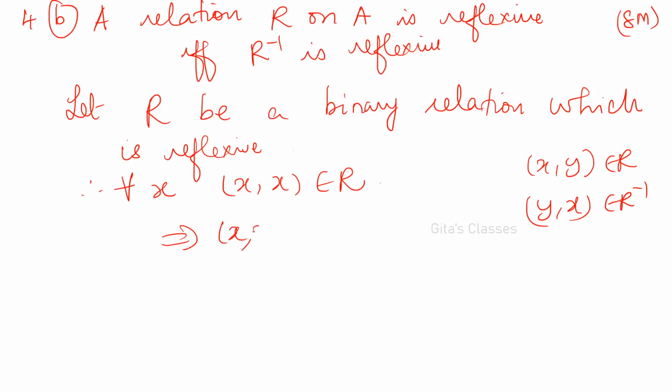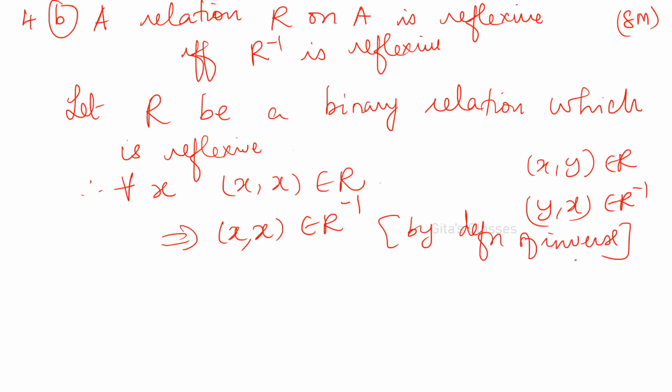So here both are x only. So x comma x belongs to R inverse also, by definition of inverse. This implies for all x, x comma x belongs to R inverse. Therefore, R inverse is reflexive.